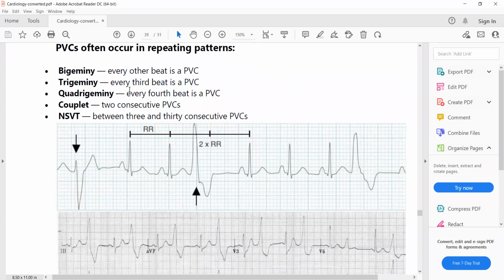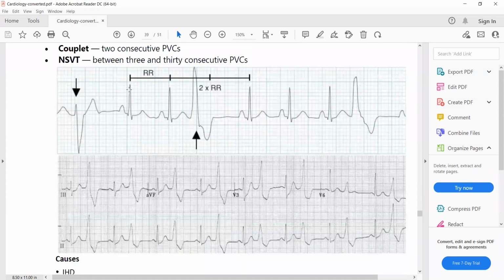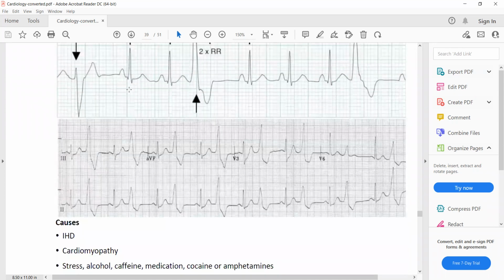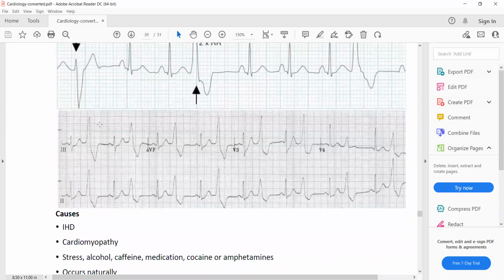Let me show you an example. Now this is an ECG of premature ventricular contraction or ventricular bigeminy. You can see that this QRS complex is normal and this QRS complex is broad, followed by discordant ST segment or T wave changes.